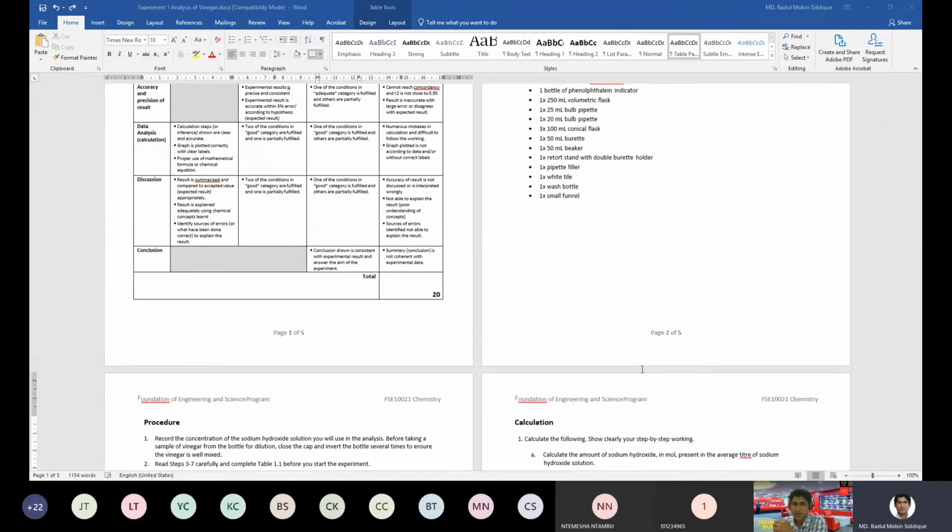The table is very problematic, it breaks apart, and it is troublesome. So please submit it in PDF. It's easy, right? From the Word file, you just save as PDF and then upload that PDF. It is easier for me as well.